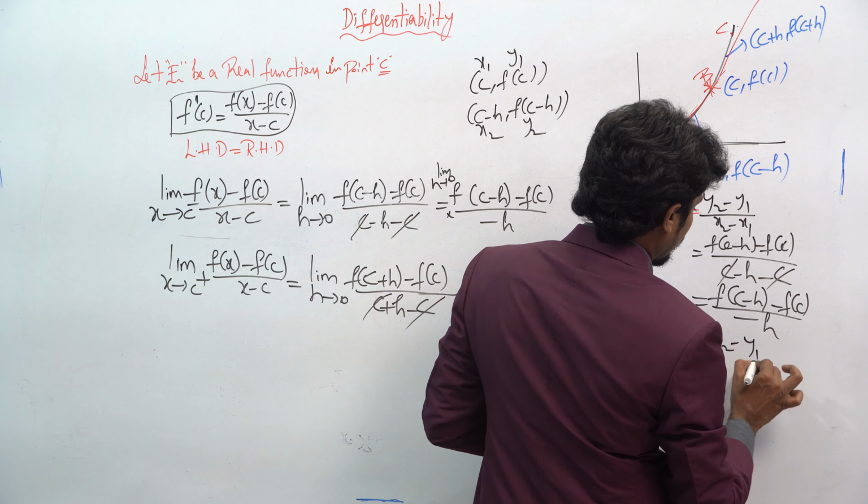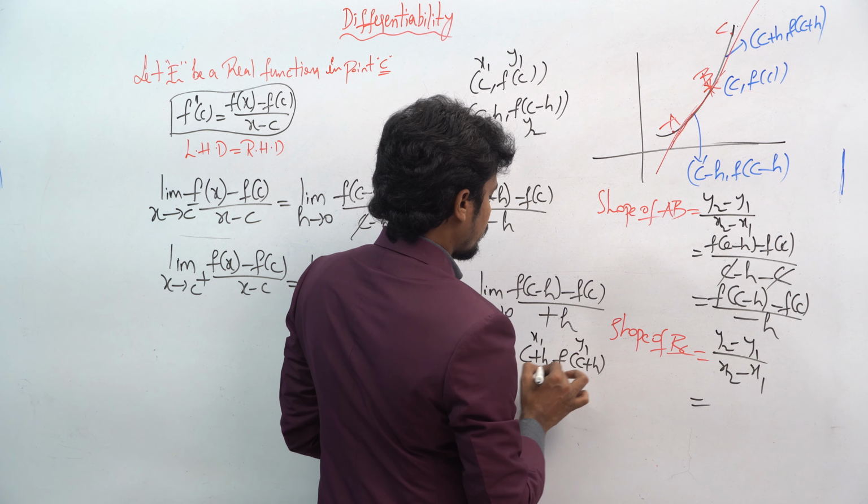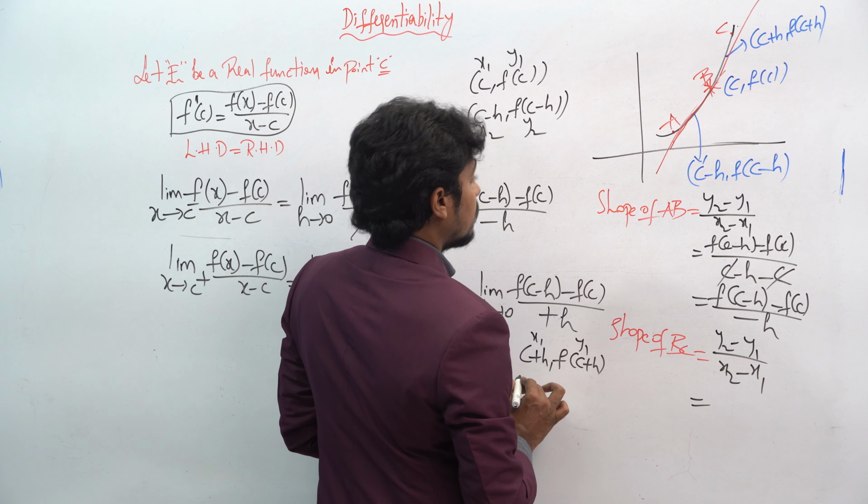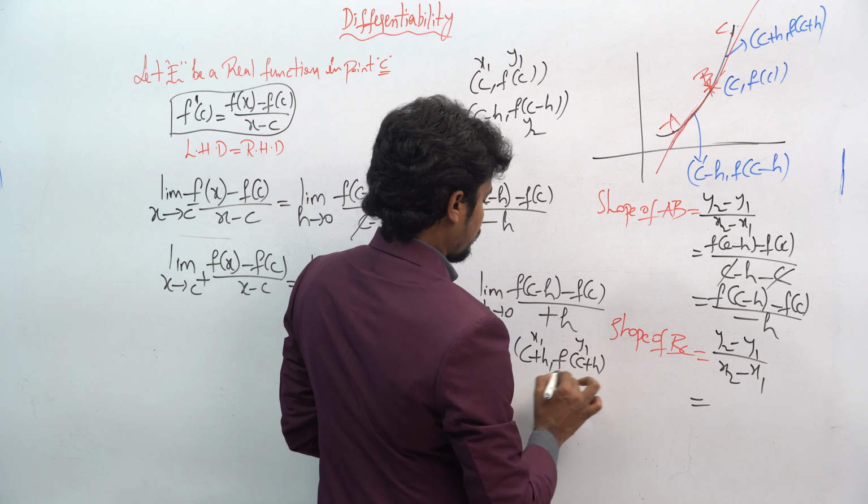Here C plus h comma f of C plus h is x1, y1. Next, C comma f of C is x2, y2.